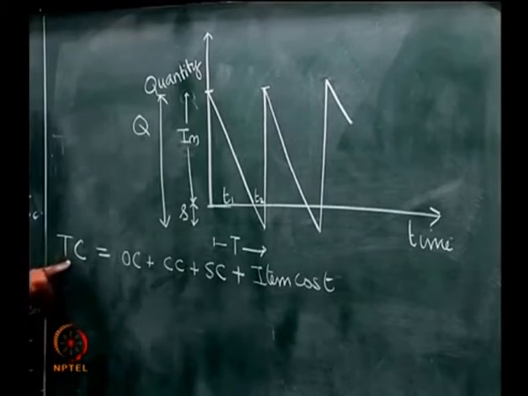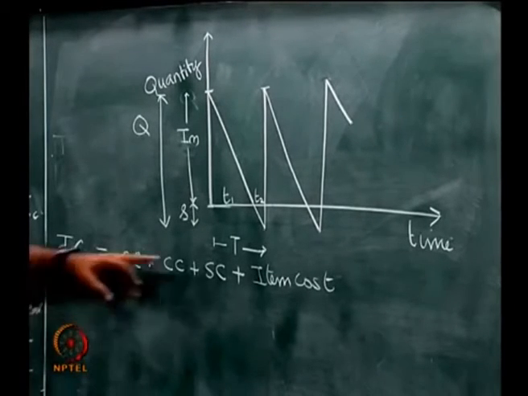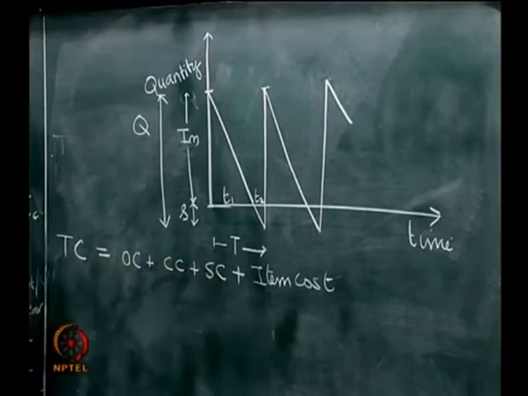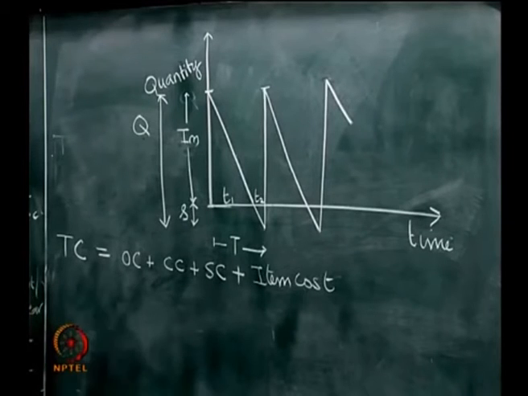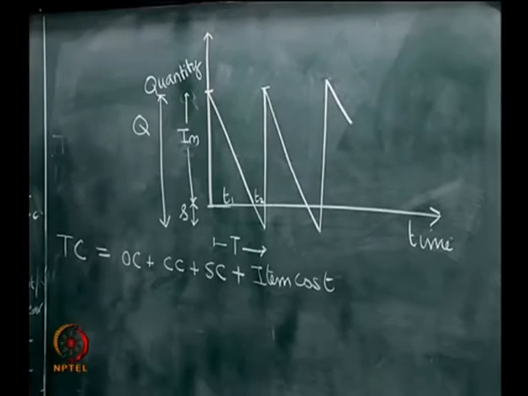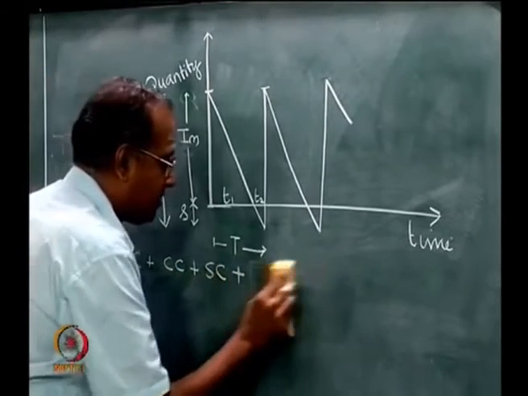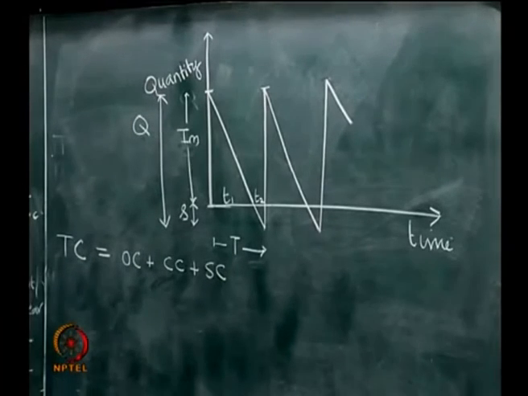Now if we are going to compute this total cost for a year, then the item cost is going to be D into C. So the item cost will not contain any of the variables Q, IM or S. So like we did in the earlier model, we leave out the item cost. So we are going to have 3 costs in this model.